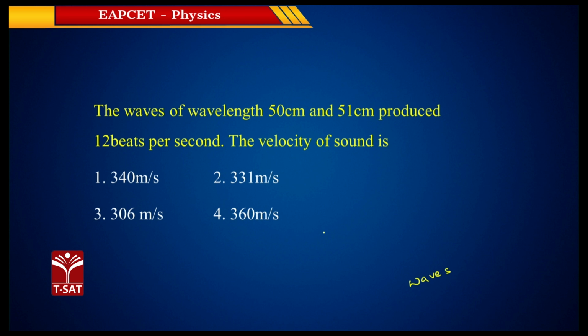Next, the waves of wavelength 50 centimeter and 51 centimeter produce 12 beats per second. Here the velocity of the sound is... Okay, you see in this question, beats, already you know the formula. What are the beats?